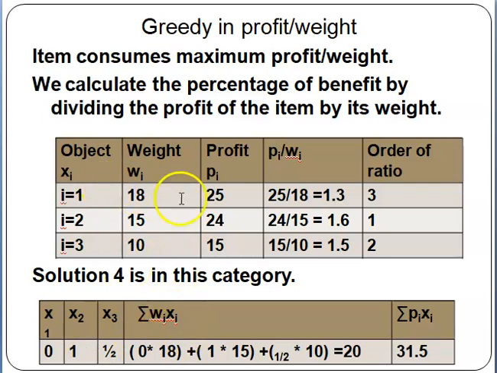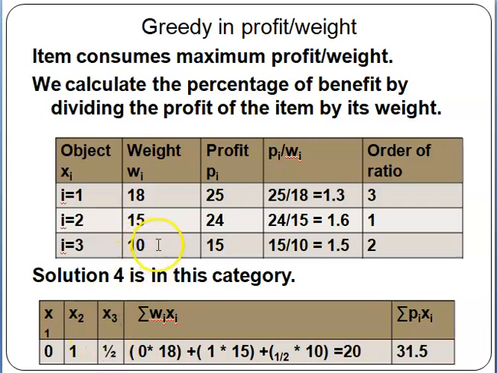So we are going to consider the items in the order of the profit to weight ratio. First we are going to consider item number 2. We take it in full because our capacity is 20 and its weight is 15. So the full item can be consumed, and 24 profit will be added. Then our remaining capacity is 5. The next item in this order is item number 3, so 5 upon 10, remaining capacity upon the weight of the item, which comes out to half.